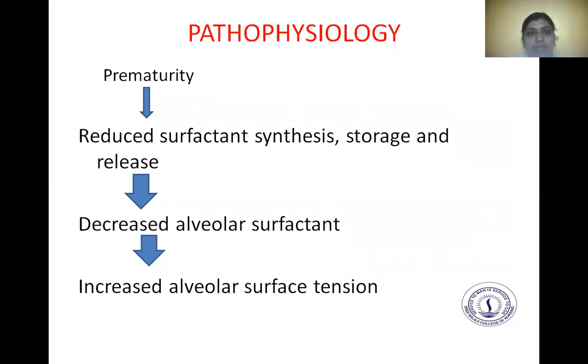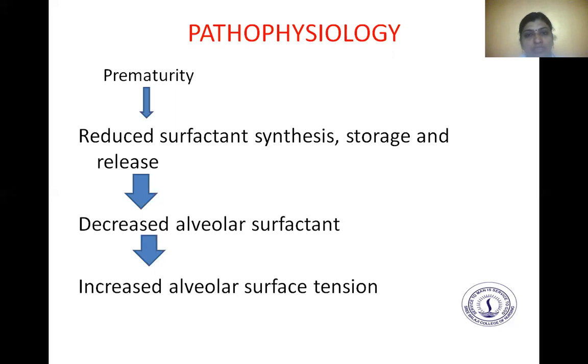Now we'll see the schematic presentation of RDS. Because of prematurity, the preterm baby will have immature lungs. Because of that, surfactant synthesis, storage and release will be reduced.